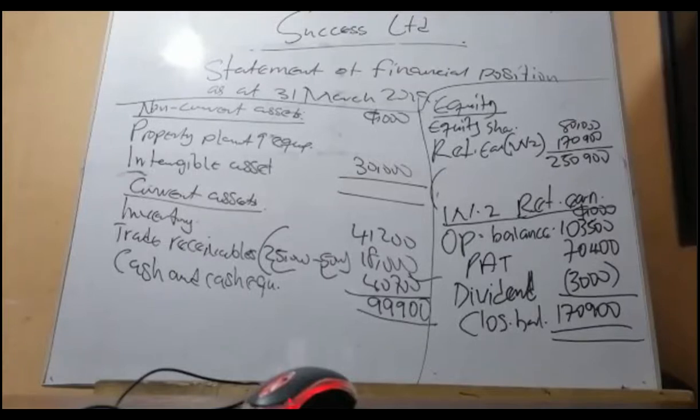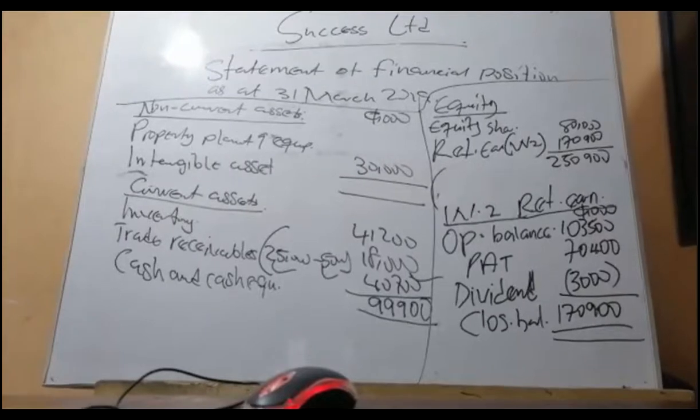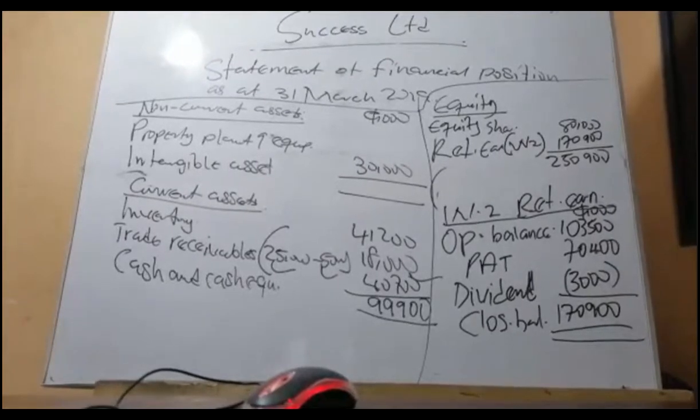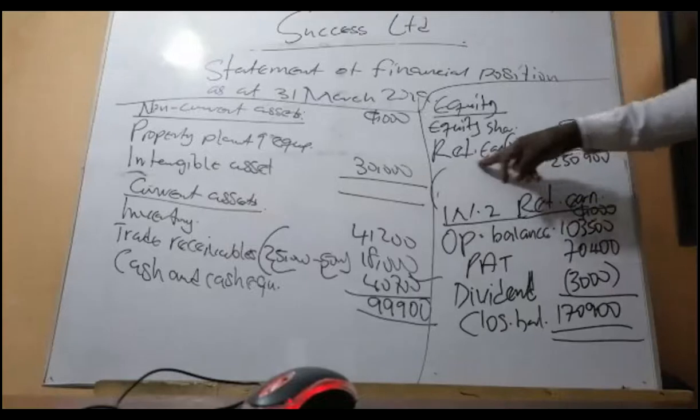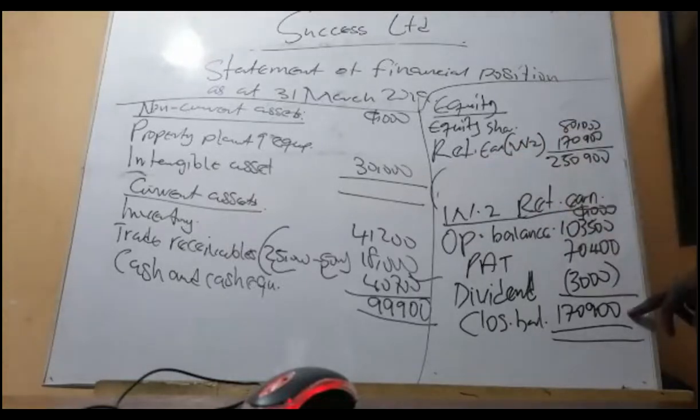Liabilities. Okay, liabilities, so there are two types. Which one do we come to first? The non-current liability, right? Good. So let's go to non-current liability. How do we get it? The retained earnings workings that we did here: the opening balance is 103,500.